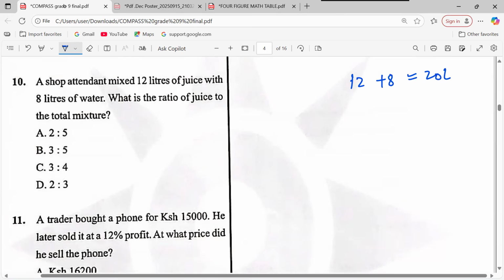So we need now the ratio of juice, which is 12 liters, to the total mixture, which is 20 liters, by 4, 3, and by 4, 5. Yeah, giving option B the most appropriate, or rather the only accurate answer.